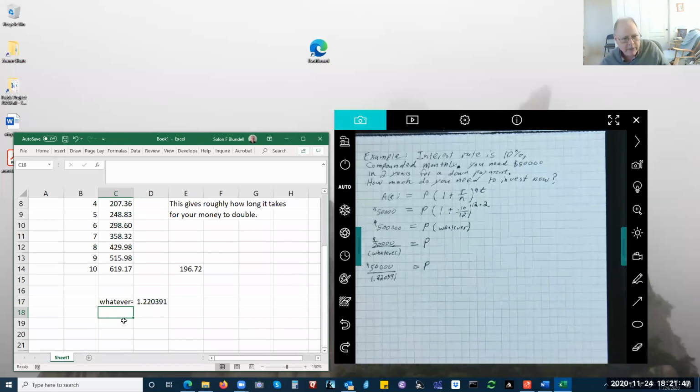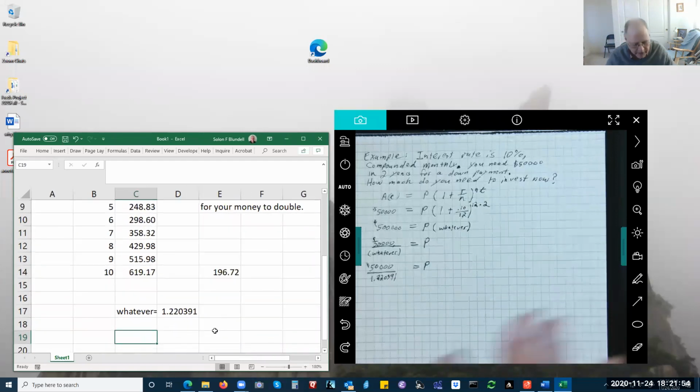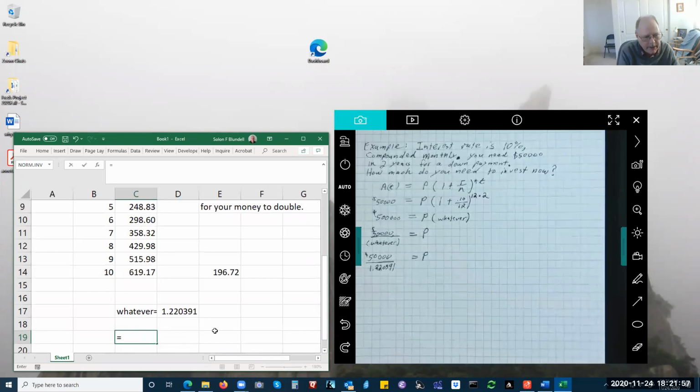So really the right way to do calculations is to avoid rounding off whenever you can. See? So the way I'm going to do this over here in Excel is I'm going to take equals, and I'm going to say my $50,000. And then I'm just going to click on this cell here. Because it's really kept more digits even than show in the cell there, something like 16 digits in the memory inside.